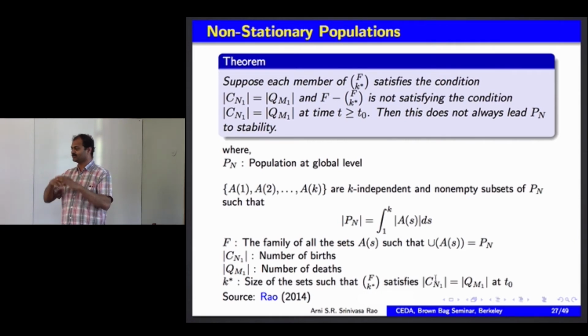That means even if the total population is stationary, if you sample some part of the total population and they are not satisfying after some stage, then the total population would not lead to a stable population. Only if all the subpopulations are stable will the total population be stable. When a subpopulation deviates from stability, the total population will deviate from stability. Okay, thank you.